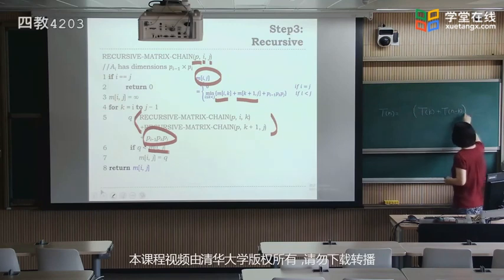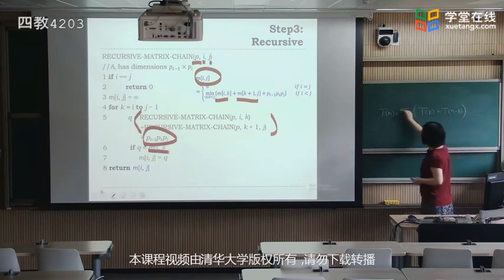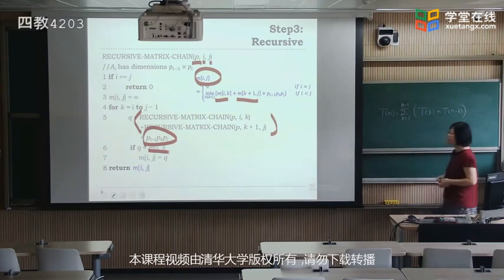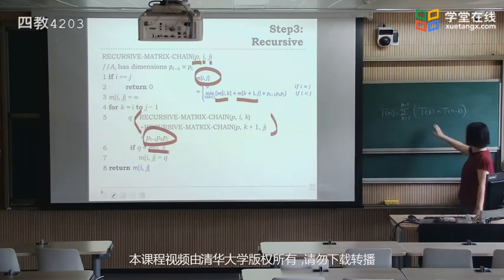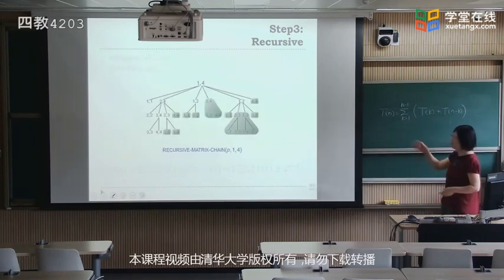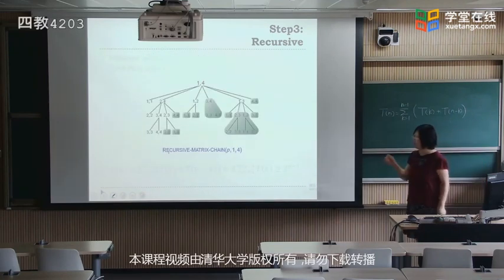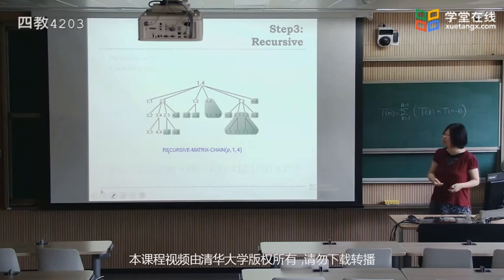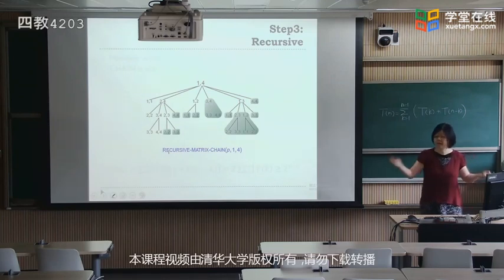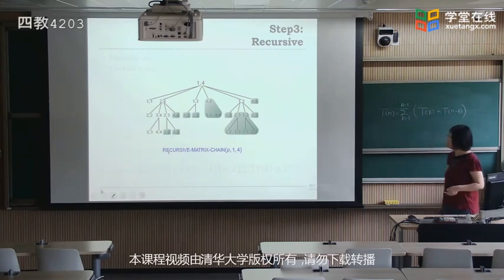And we do this for k goes from 1 to n minus 1. Okay? So we can see we have solved a large number of subproblems, right? So this is the call graph of the execution of 4 matrices. And you can see there are already many subproblems generated.